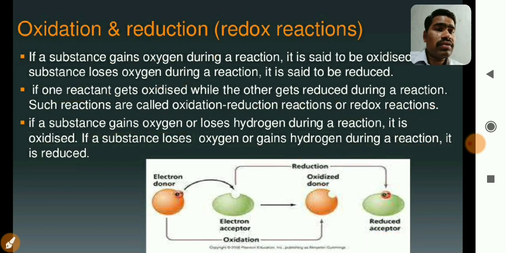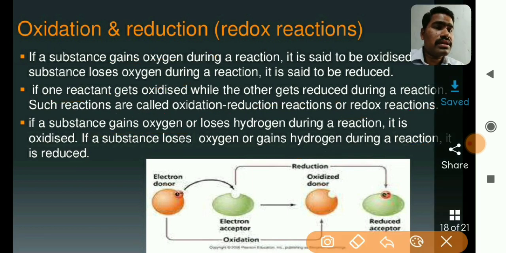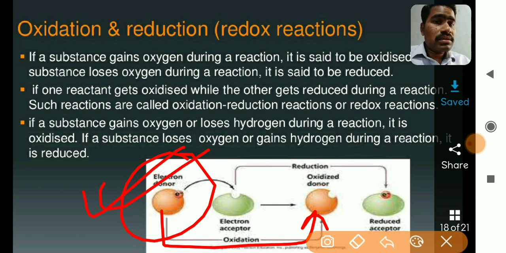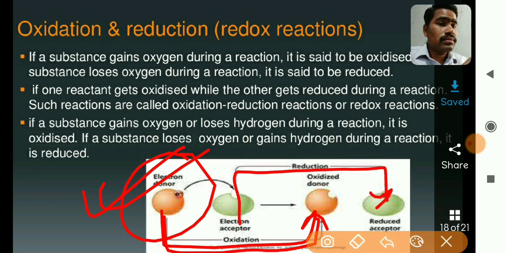So here one simple diagram is there to understand that. An electron donor is said to be oxidized. This is the substance which donates the electron, so it is oxidation of that electron donor. And the electron acceptor gets reduced.